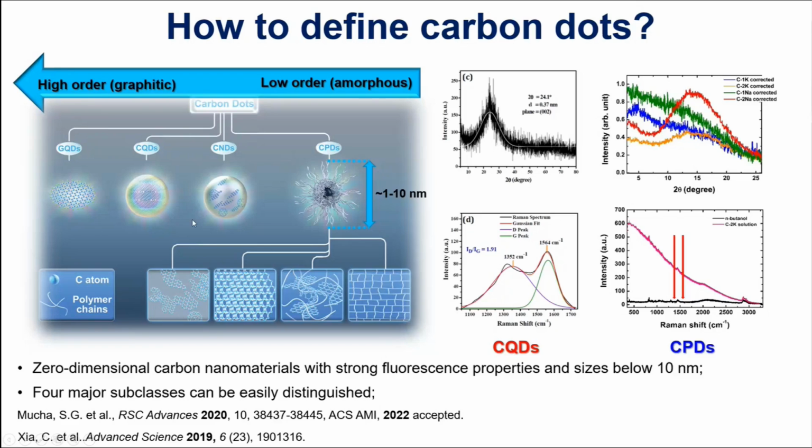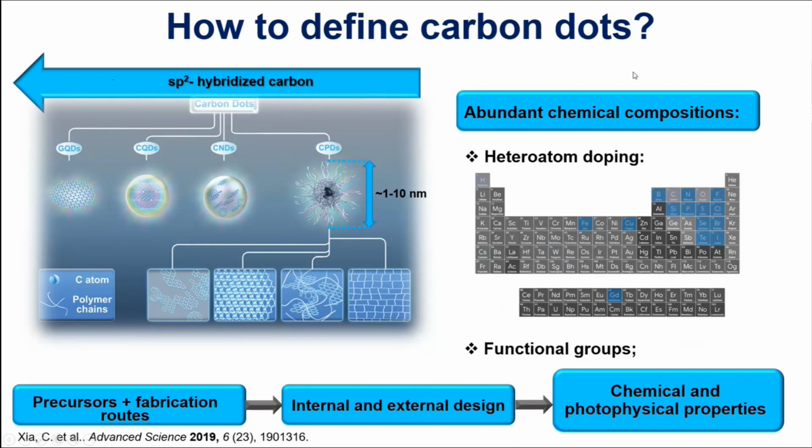And as I said, the four major subclasses can be easily distinguished. The difference between the so-called carbon quantum dots and carbon polymeric dots can also be seen in characterization by, for example, fluorescence intensity. Beyond the synthetic methods, we can also dope those structures with heteroatoms, such as gadolinium, for example, to have multipurpose nanoparticles.